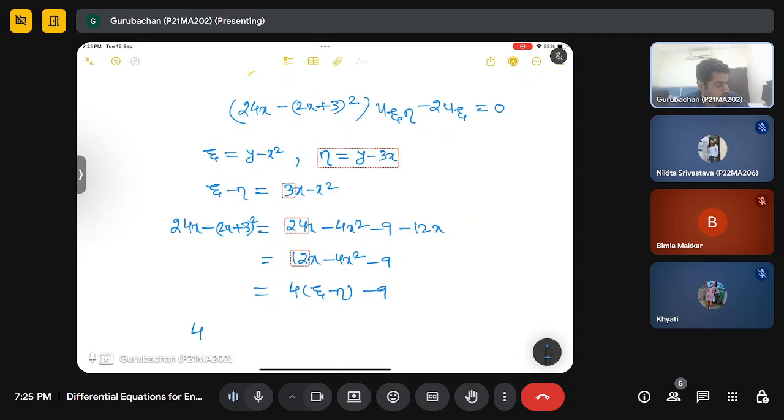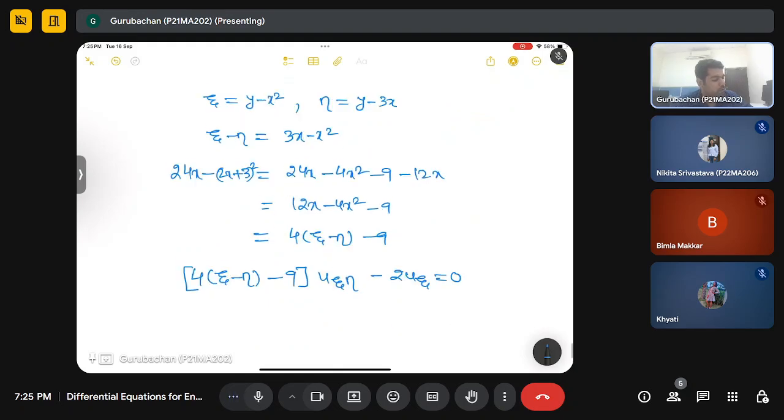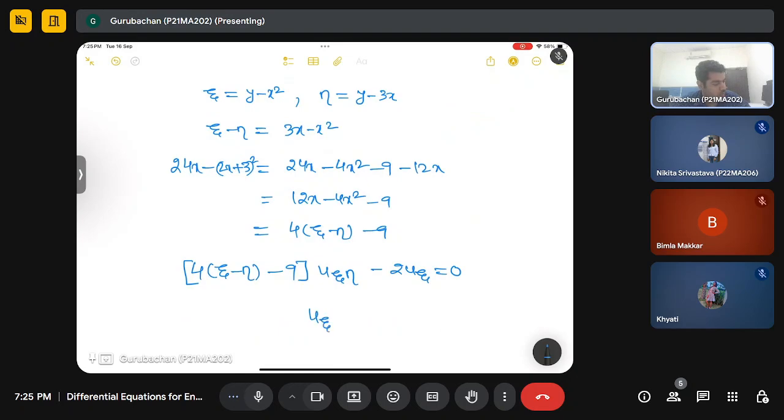So this will be 4 times (xi minus eta) minus 9, u_xi eta, minus 2 times u_xi equal to 0. Or, in a simpler way, u_xi eta minus 2 by (4 times (xi minus eta) minus 9) into u_xi equal to 0.